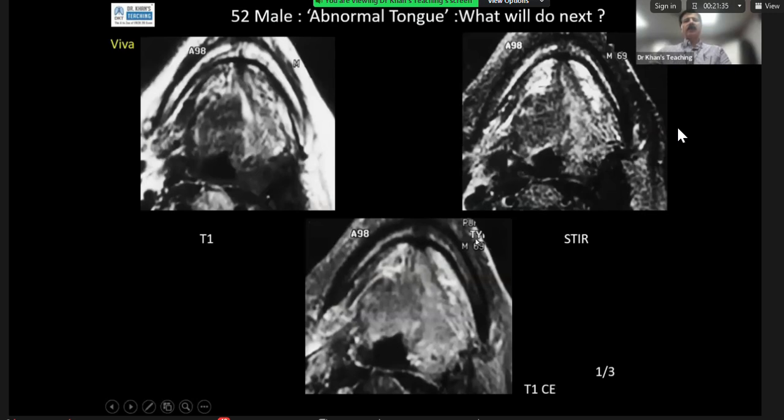The clinical presentation is. So we've got selected sequences, T1, STIR and T1 post-contrast sequences through the floor of the mouth.